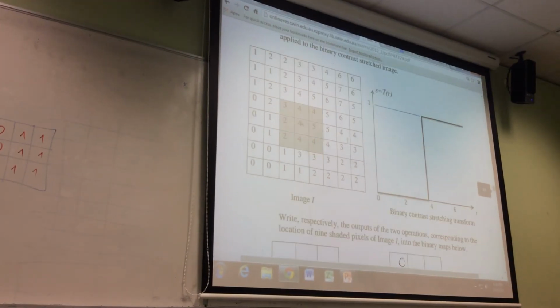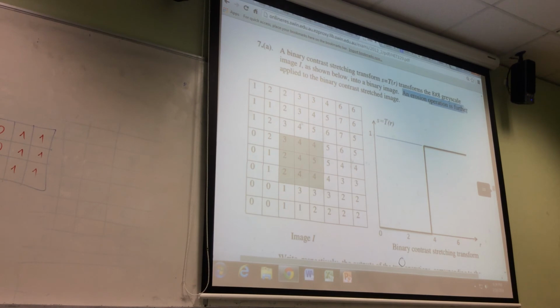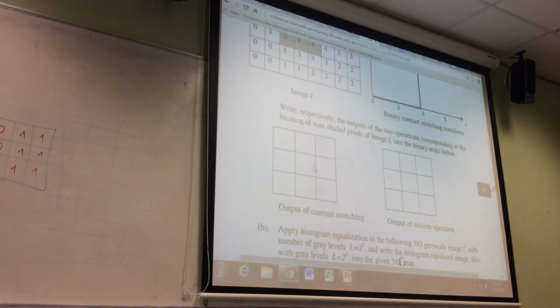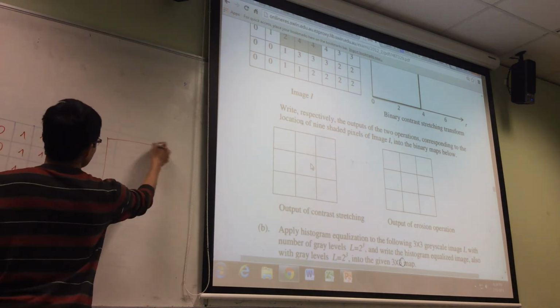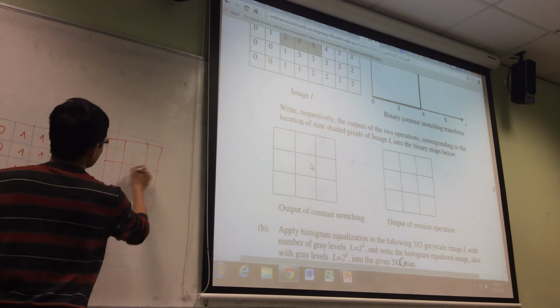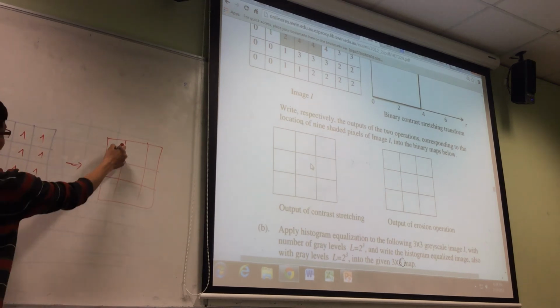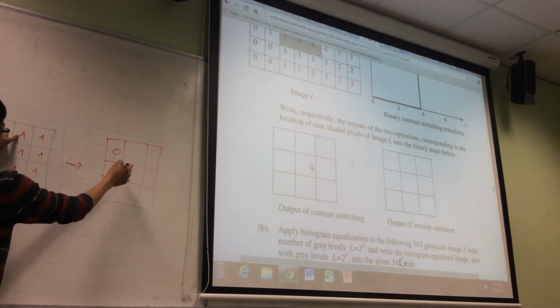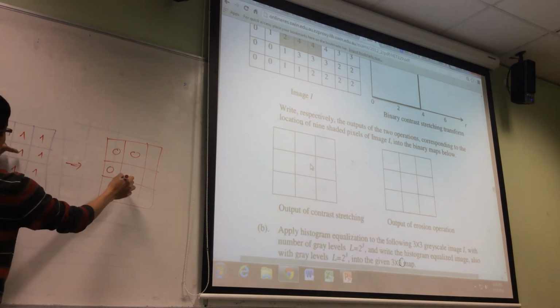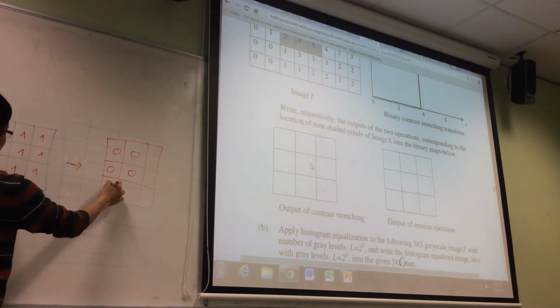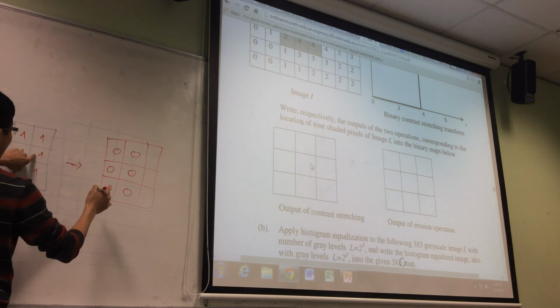Then an erosion is further applied to this. Now you apply erosion. If you apply erosion, this one automatically becomes 0, this one 0, this one 0, and this one 0. How about this? We don't know, we have to check it.